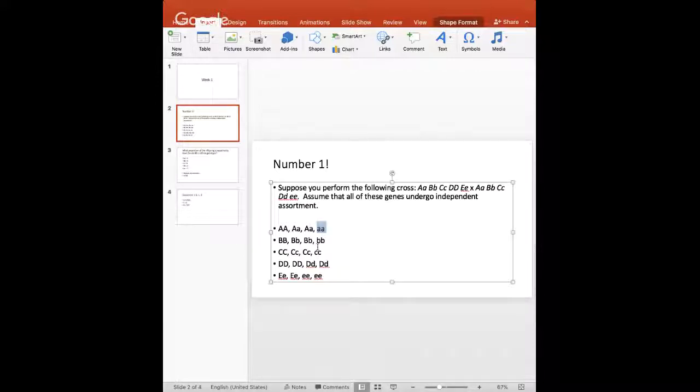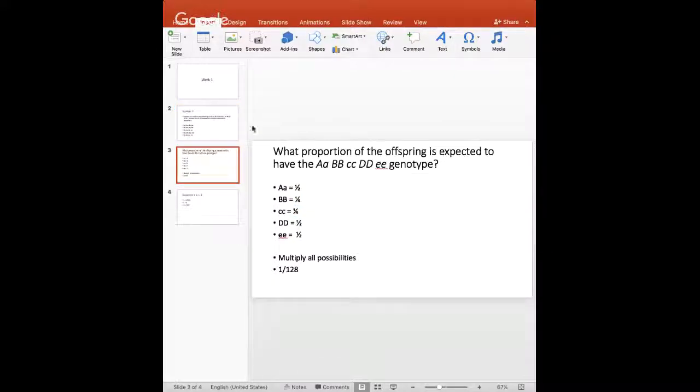We listed those probabilities, and then multiplied across all of the different possibilities, and we got 1/128 as the proportion of offspring that would have that specific genotype.